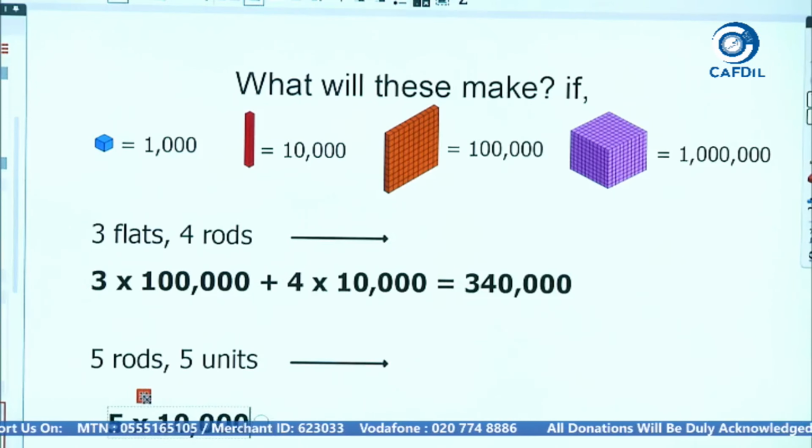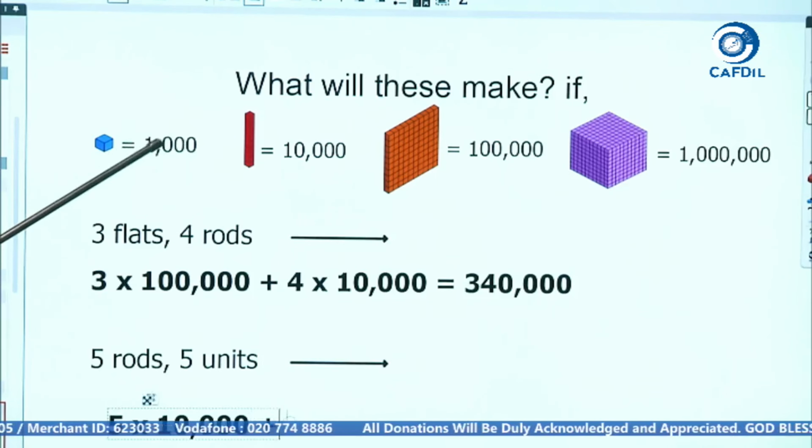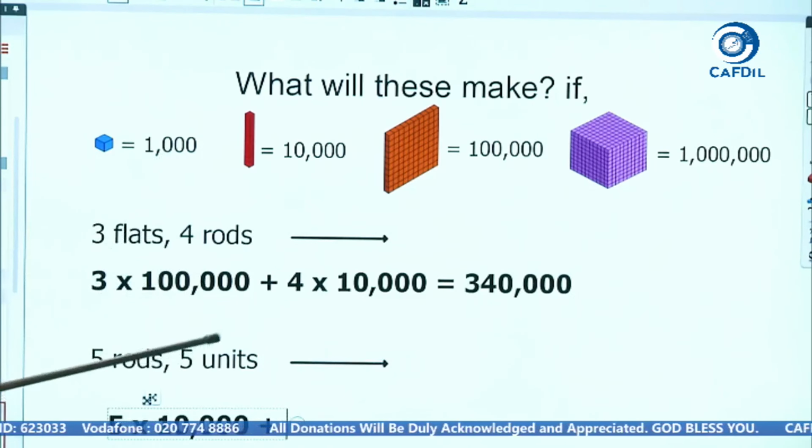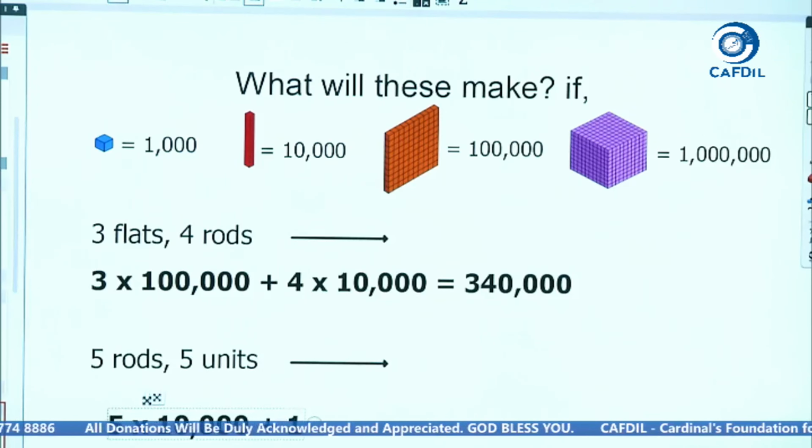Plus, what next? 5 units, 1,000. So 5 times 1,000.